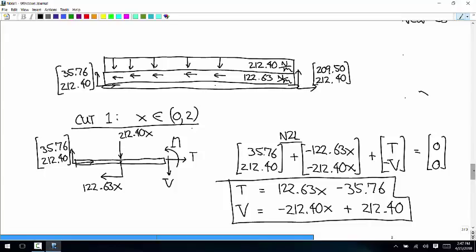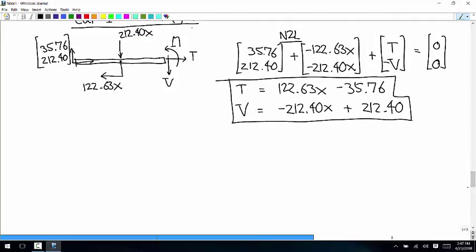And then the moment equation. The about point, we'll do it the same way with the about point at the left. So that force vector at the left doesn't do anything. The horizontal force from the distributed load doesn't do anything, but the vertical one does. And it has a moment arm of x over 2, and it's clockwise.